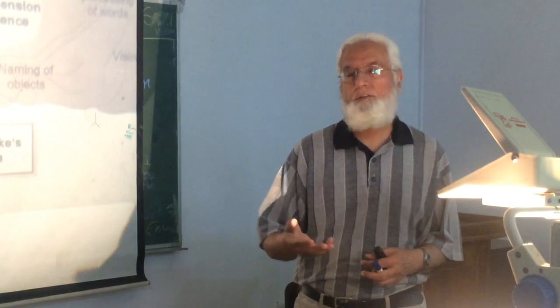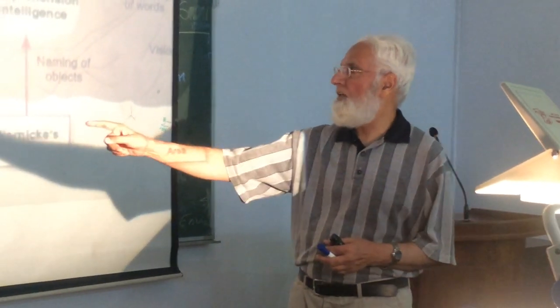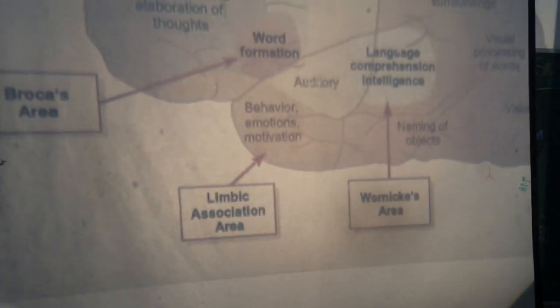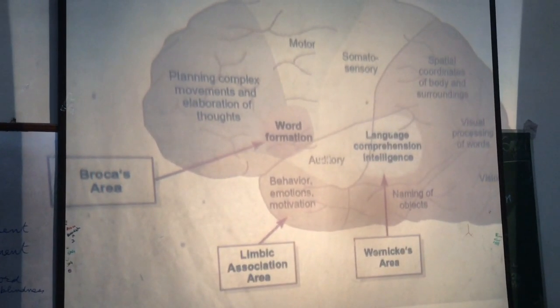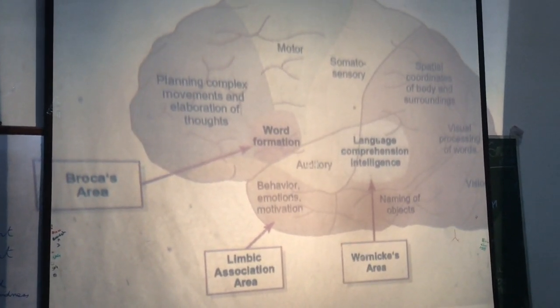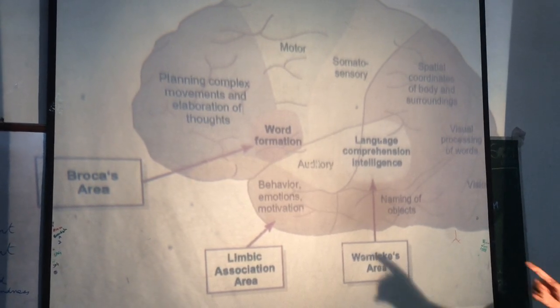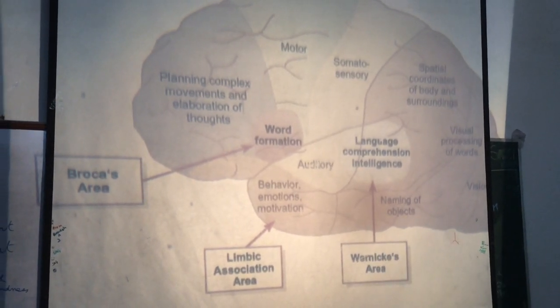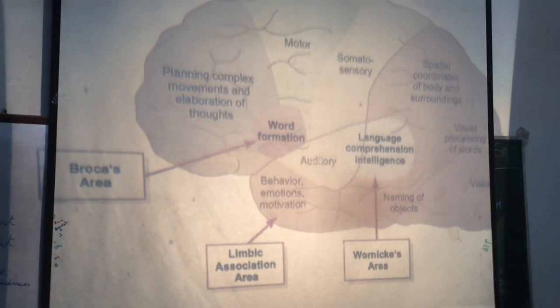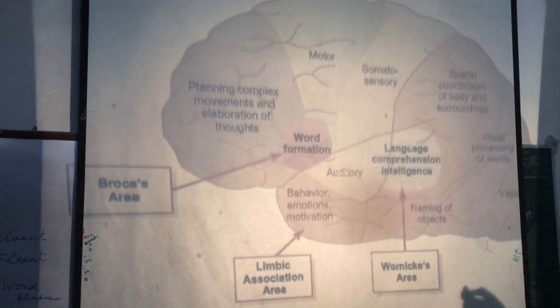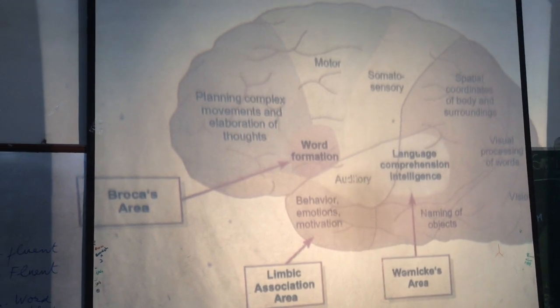This is dyslexia or word blindness. The patient can see but can't understand what is being seen. The lesion is in the angular gyrus. So there is damage or lesion in the angular gyrus in this aphasia.